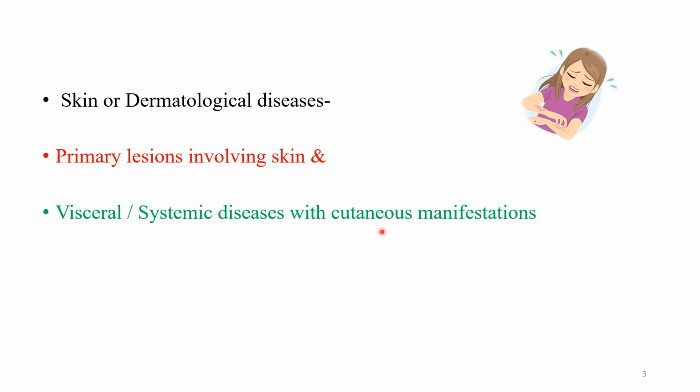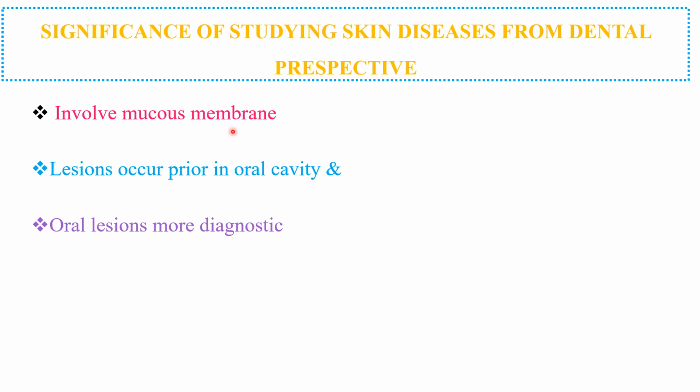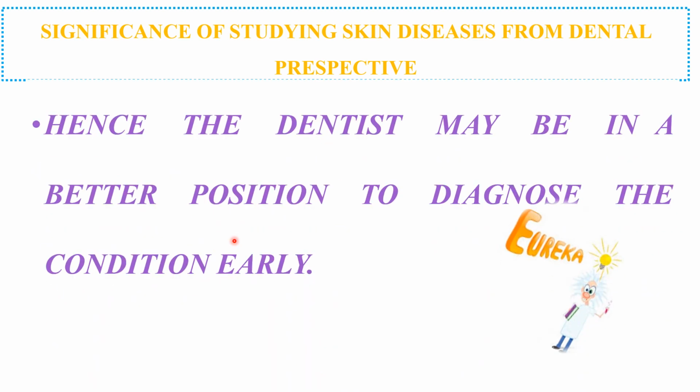Because along with the involvement of the skin, they also involve the mucous membrane, that is the oral cavity, and the lesions occur much prior in the oral cavity before the involvement of skin, and sometimes the oral lesions are more prominent and help in easy diagnosis. So the dentist should be in a better position to diagnose these conditions much early, before the involvement of the skin.